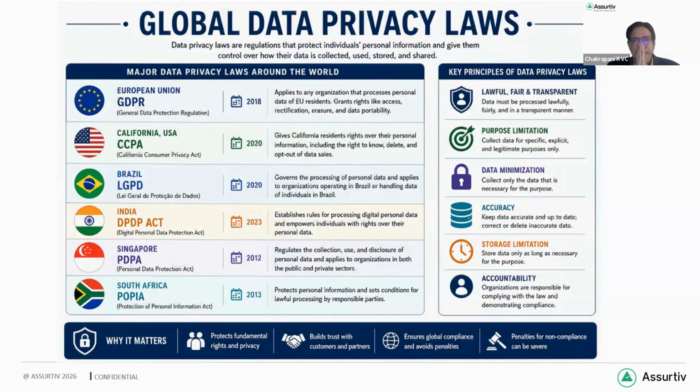In 2012, PDPA, the Personal Data Protection Act, came in Singapore. In 2013, POPIA, the Protection of Personal Information Act, came in South Africa. These are predominantly the key data privacy laws. More than 150 countries have a privacy act globally, and all the laws are enforced by the governments of the respective lands.